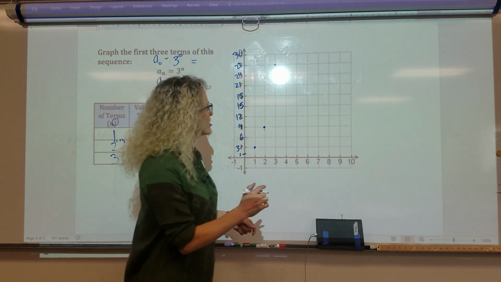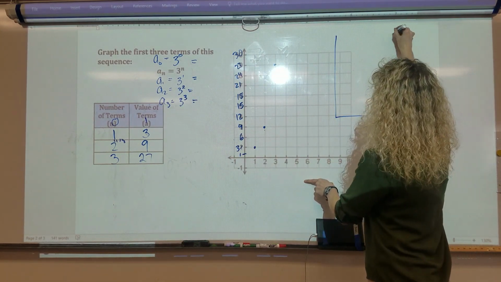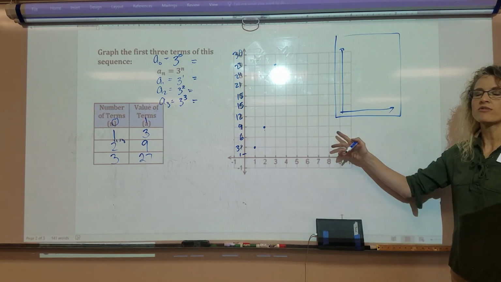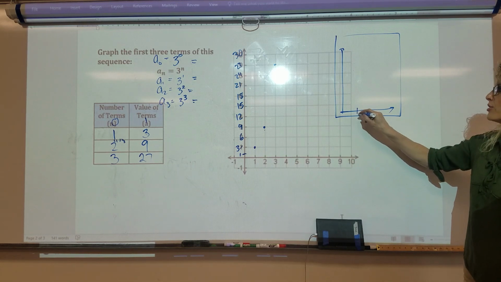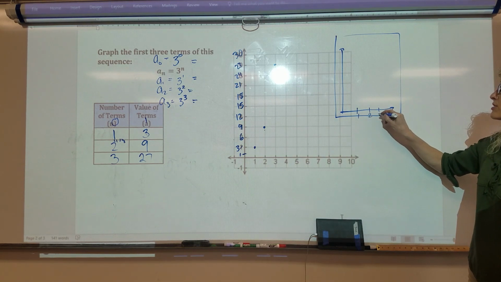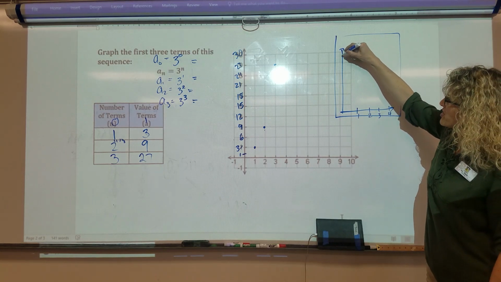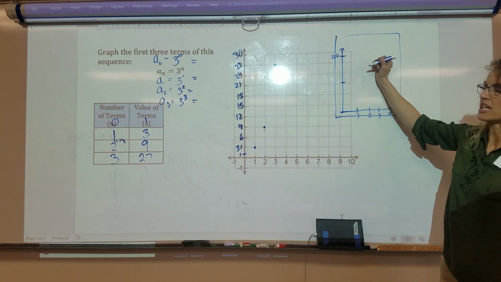Okay? On your practice set, I would like you to be very strategic. If this is your whiteboard, I would like your graph to look like that. All of these sequences are in the first quadrant because they're all positive values. I'd like you to do 1, 2, 3, and 4. Make them all equally spaced. And then decide what your scale is. Is your biggest term 100? If that's the case, where's 50?